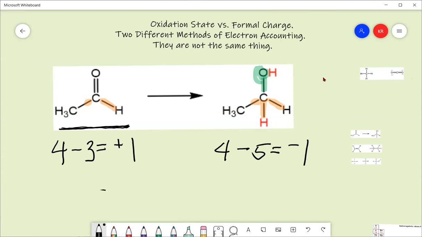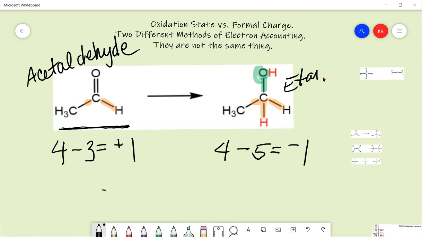So I think that you can see now that this reaction going from acetaldehyde, an aldehyde, to an alcohol, this is ethanol, is what, an oxidation or a reduction?